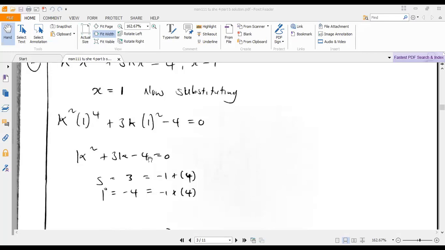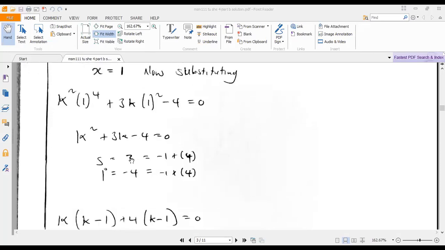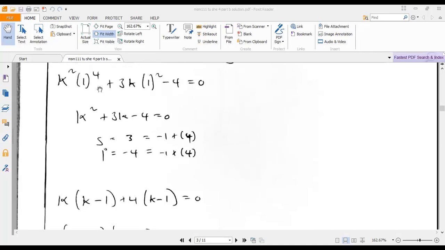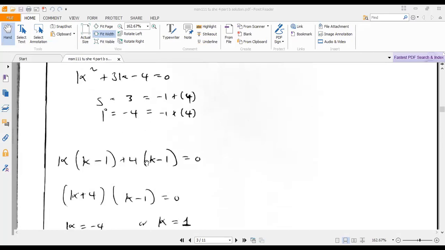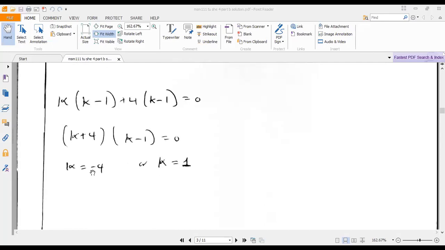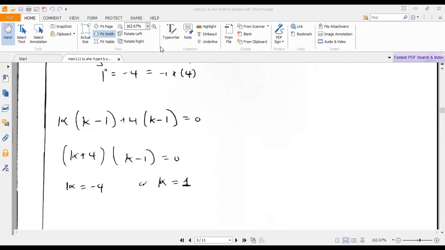Each time you're dealing with a quadratic equation, you should keep in mind that there are always 2 possible solutions or roots. So when you do the manipulation, k squared plus 3k minus 4, you know that the sum is 3 and the product is negative 4. When you find those 2 factors, you find that k is equal to negative 4 or k is equal to 1. Those are our values for k. Are we all okay?